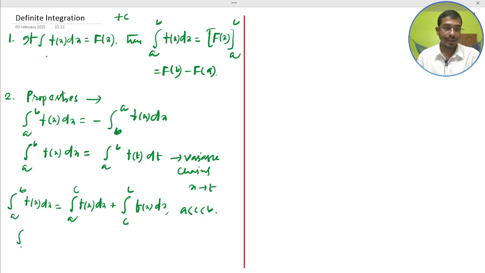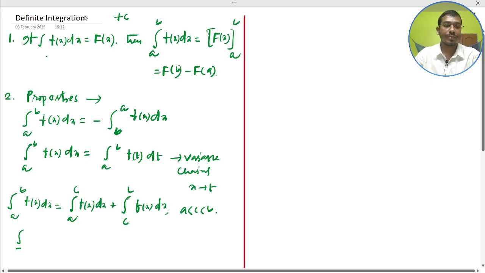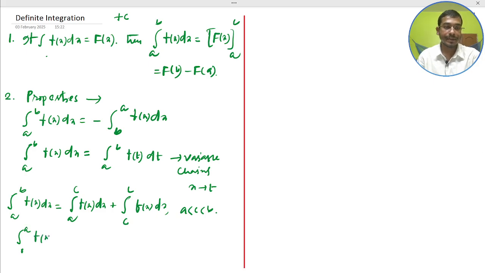Next, the integral from minus a to a, that one we just skip. So the integral from 0 to a of f(x) dx would be the integral from 0 to a of f(a minus x) dx.